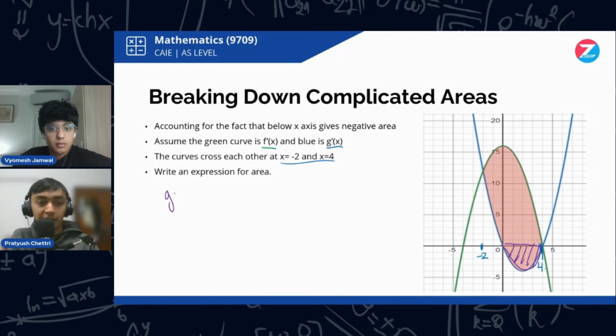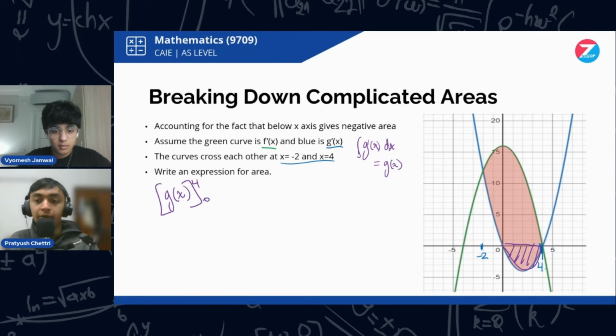So g of x, which is integrated already, since you see g dash of x dx means g of x, just for you wondering. And I want the bounds to go from 0 to 4. That's one.